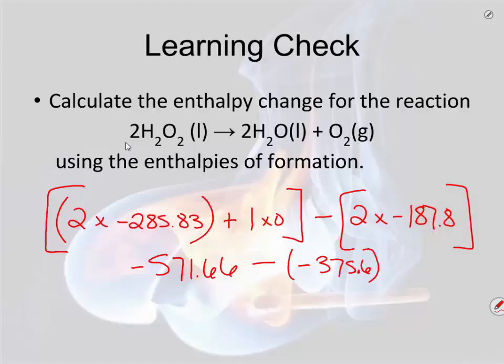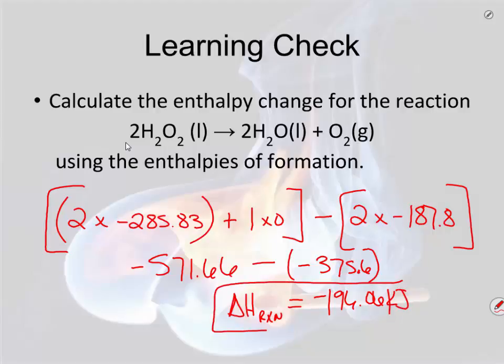So negative 571.66 minus a negative 375.6. So I get a delta H for my reaction to equal negative 196.06 kilojoules. So this reaction, because we have a negative number, remember, means an exothermic reaction. In homework today, you're going to have a couple different examples of each one of these problems.